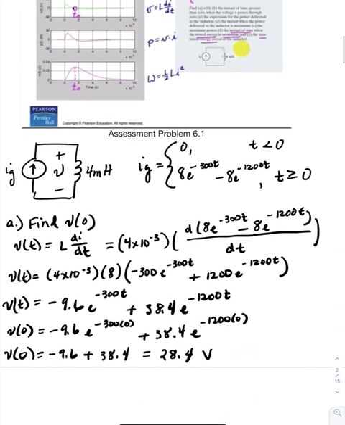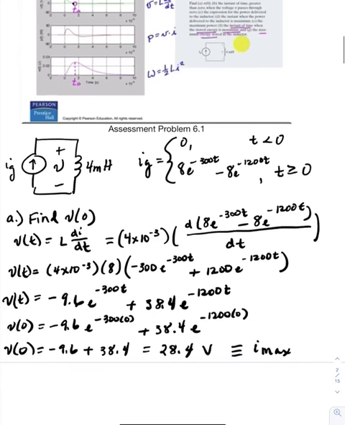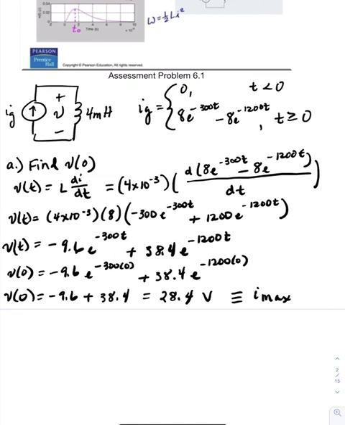So in essence, when we found V of 0, we are also finding the maximum current.